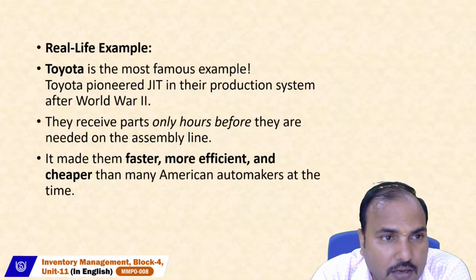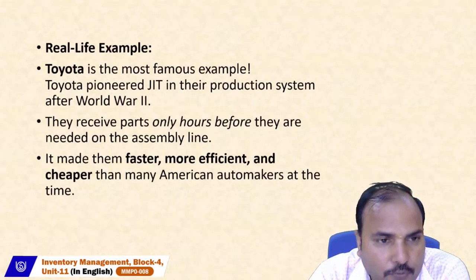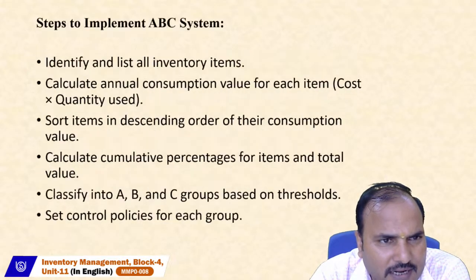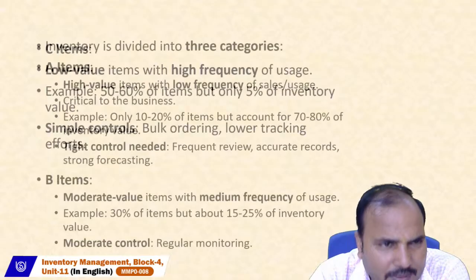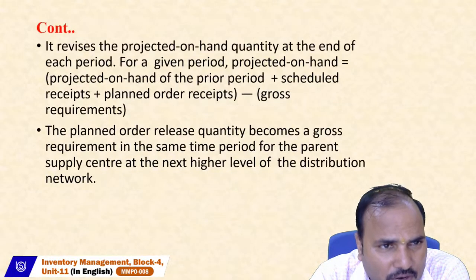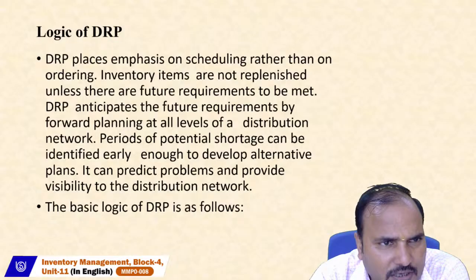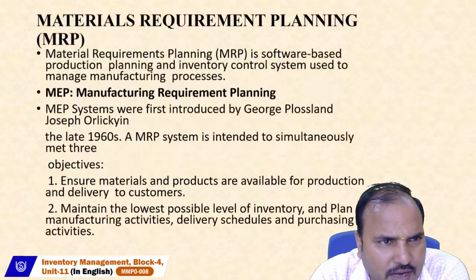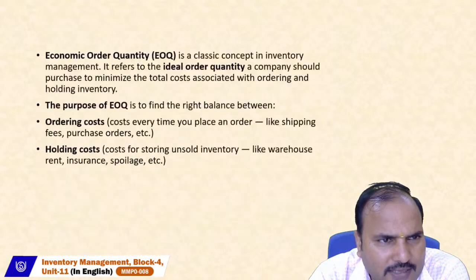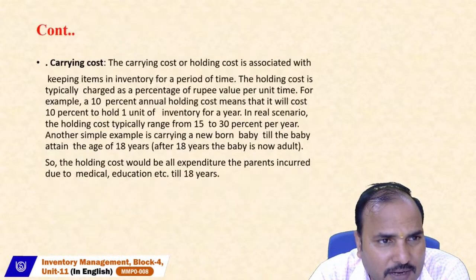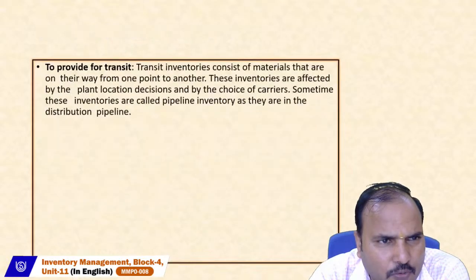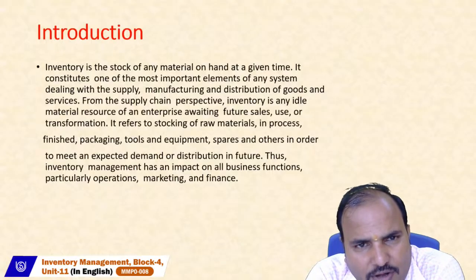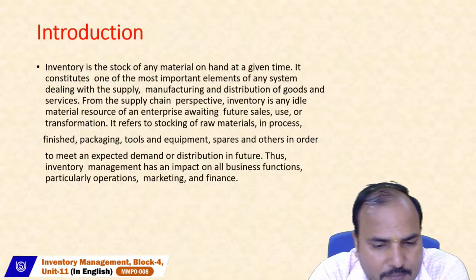Here, we can say today we have discussed the inventory management system in different parameters, different items, different models, different techniques. And I am just recalling all these things which we have discussed today. One, in the introduction of inventory management, I have already told that inventory is the stock of any material on hand at a given time.